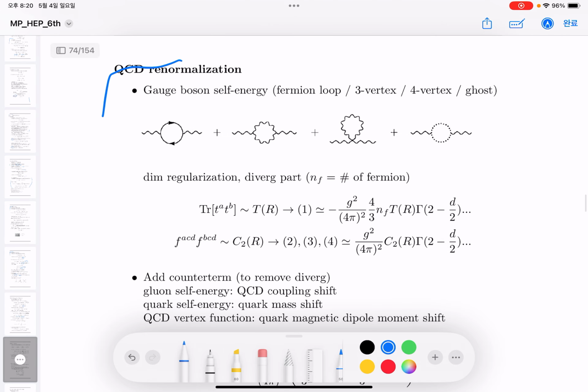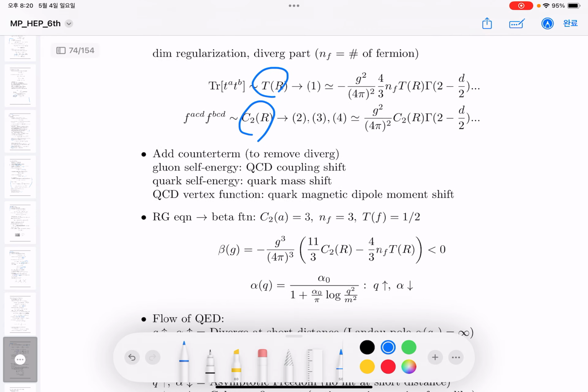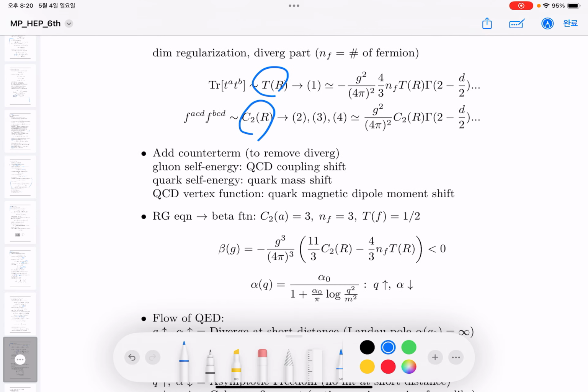And now we can evaluate the QCD renormalizations for the three-vertex and four-vertex, which are arising from the non-commutative term and the ghost field. Such evaluations are possible by the quadratic Casimir and the index of the representation. And we can find the beta function for the QCD coupling.